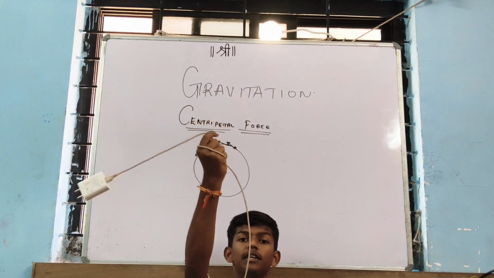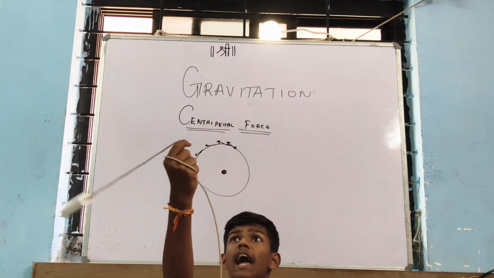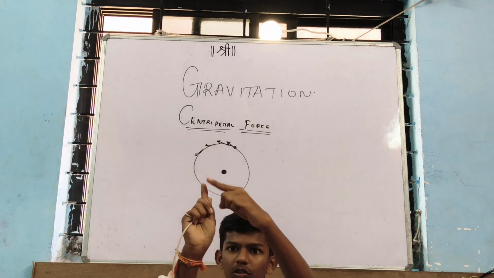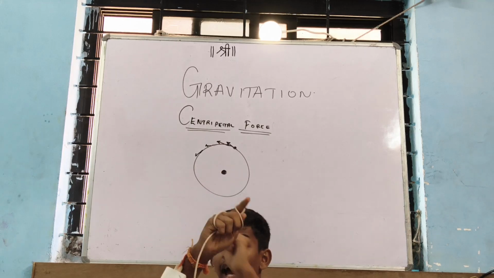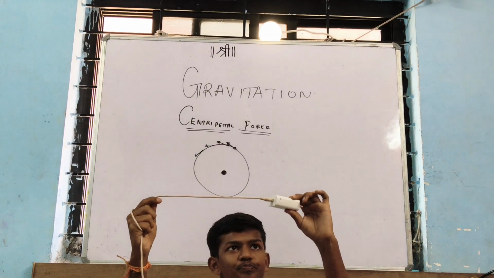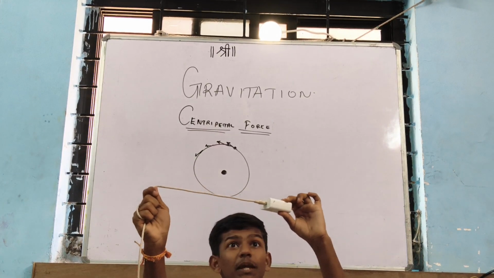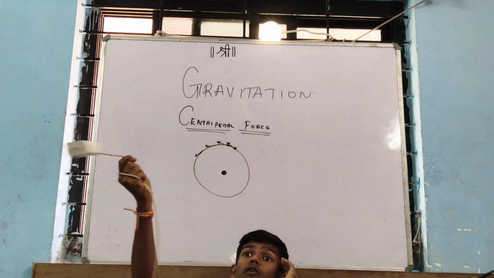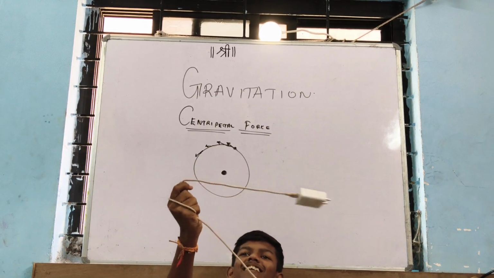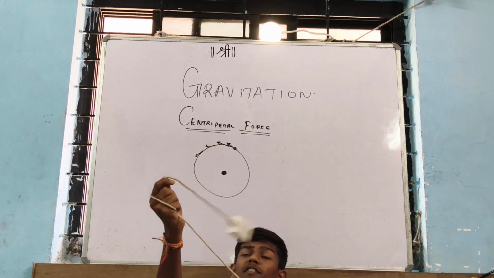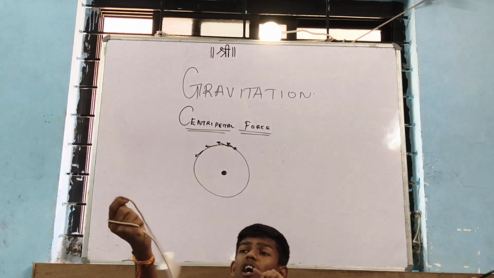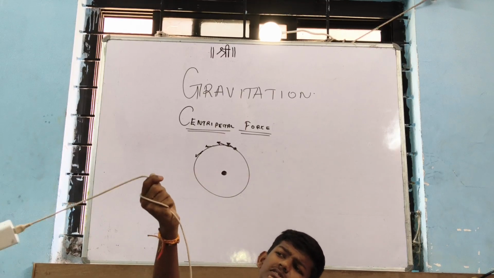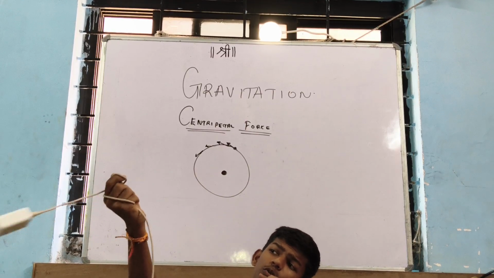If this is the earth and this is the moon, the earth keeps it in a circular path. This is known as centripetal force, in which if I release it, the object will take its direction and go in that direction with that velocity.